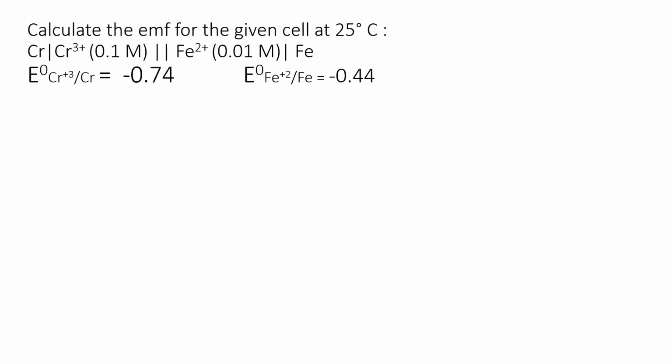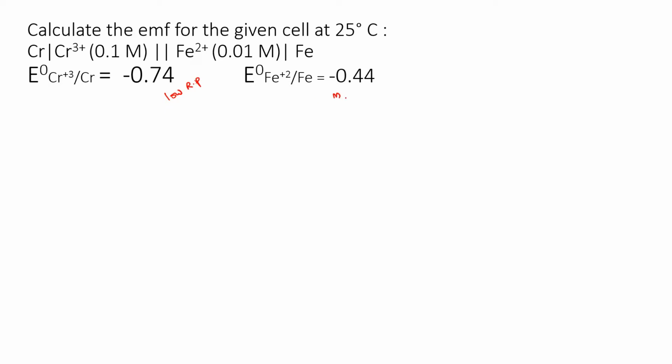Now here we need to calculate EMF or E cell, or what? Cell potential. All are the same: EMF, cell potential or E cell, everything is the same. But first of all I will write the chemical reactions here. The one with minus 0.7, low reduction potential.